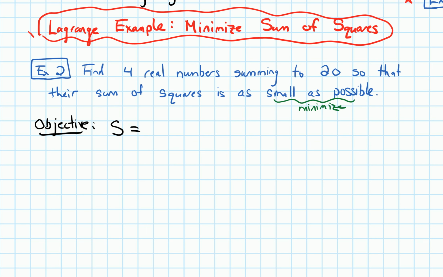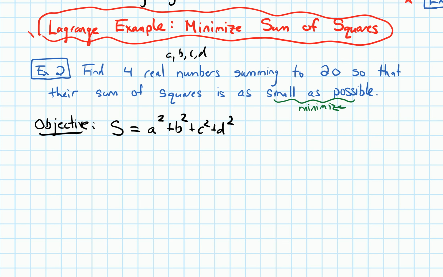And I don't have variables assigned to these 4 numbers, so maybe I'll just call them A, B, C, and D. So S is the sum of their squares, so A squared plus B squared plus C squared plus D squared. And that's my objective.